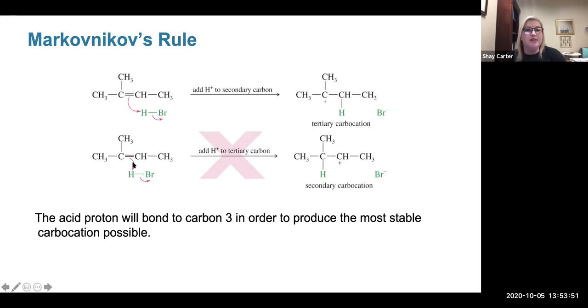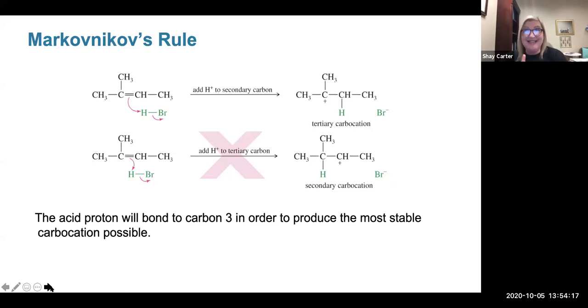So what this is showing you is that we will not get a carbocation here. We will get a tertiary carbocation, not a secondary carbocation. So according to Markovnikov's rule, we're going to produce the most stable carbocation that we can.